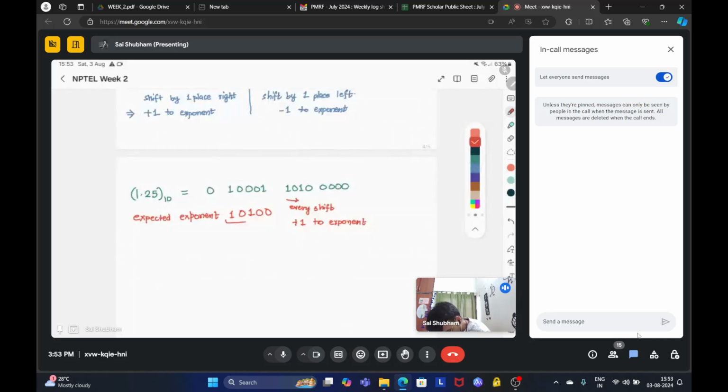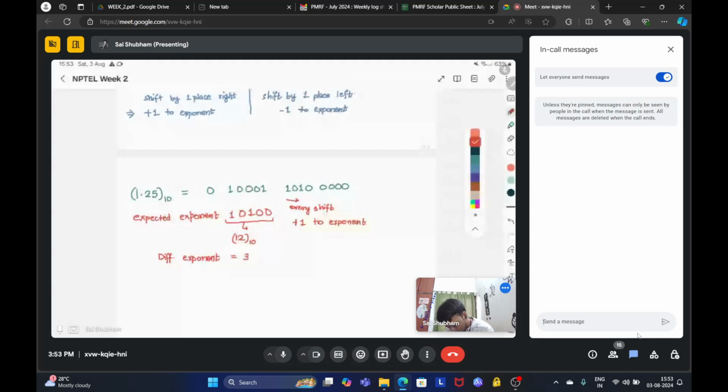In that way, our expected exponent is this, because that is the exponent for this number. So the difference in exponent is equal to 3.